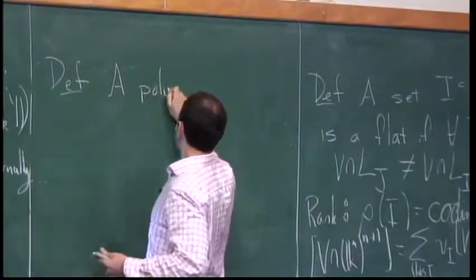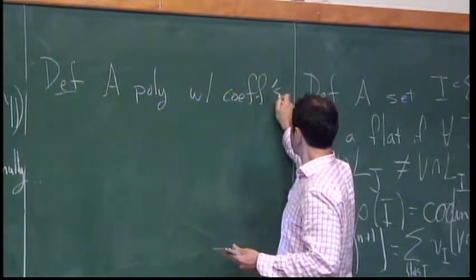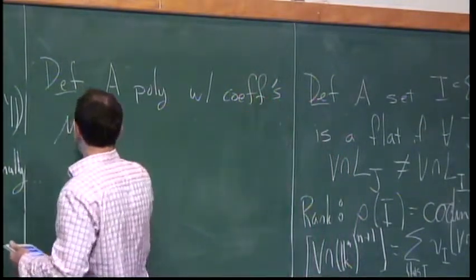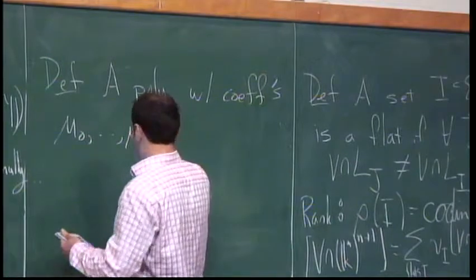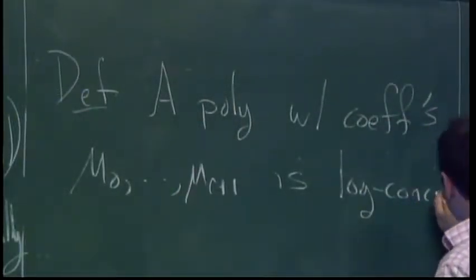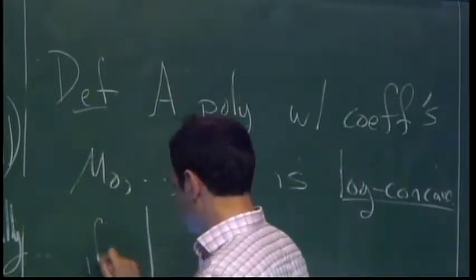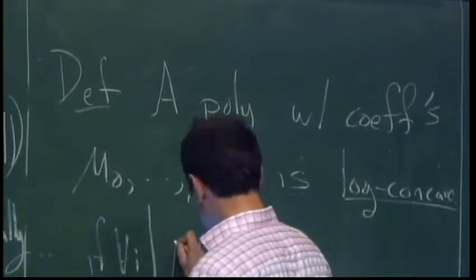So a polynomial with coefficients mu0 through mu r plus 1 is said to be log concave if it satisfies the following inequalities, for all i.